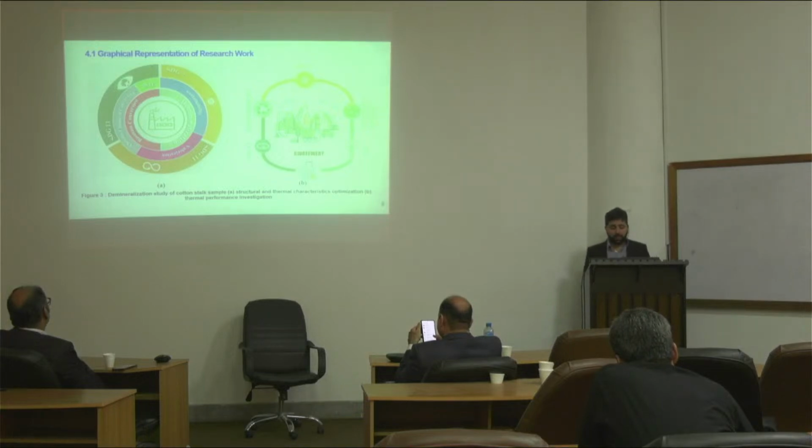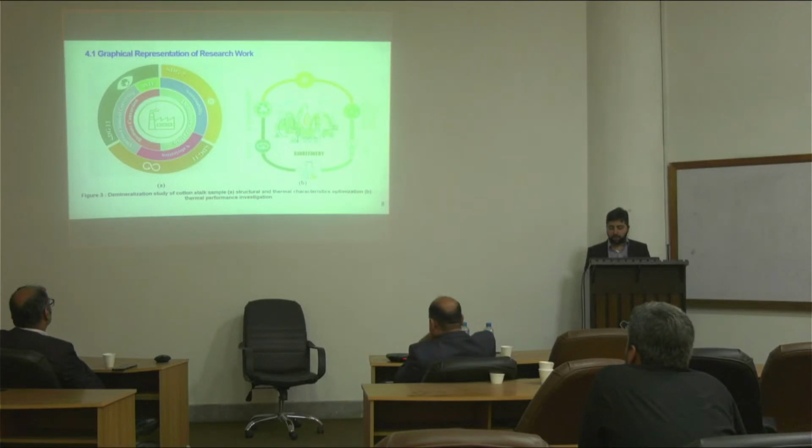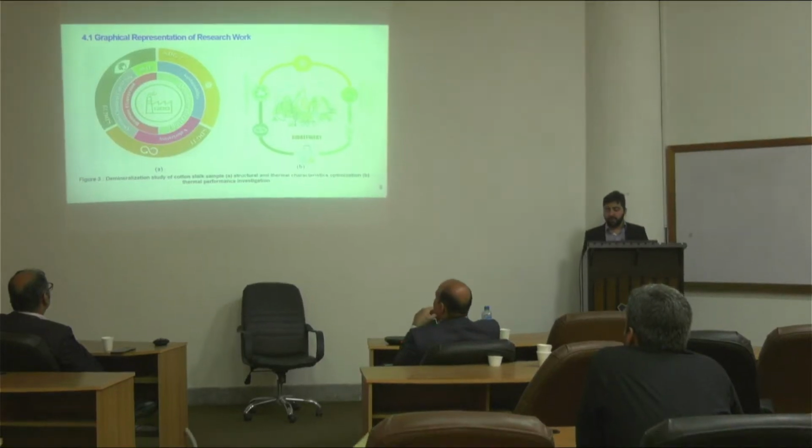We are trying to achieve SDG 7, SDG climate change, and SDG sustainable consumption and production. Along with that, there are two ways we are trying to achieve it: thermal characterization and structural characterization, in order to justify our studies for practical applications.